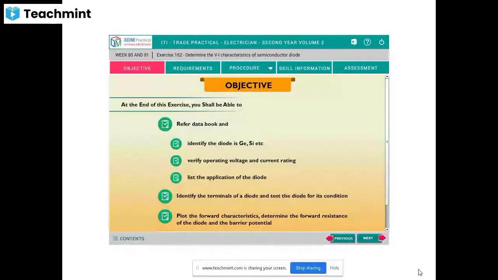So these are the objectives. After the exercise you will be able to perform these works.